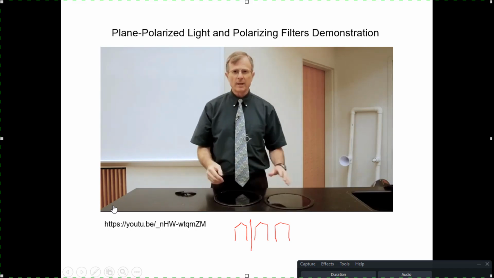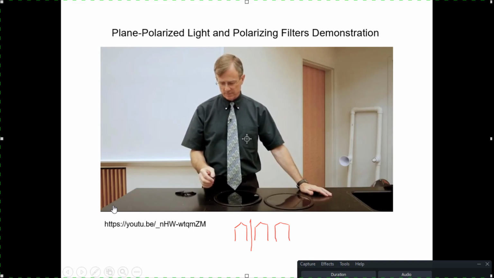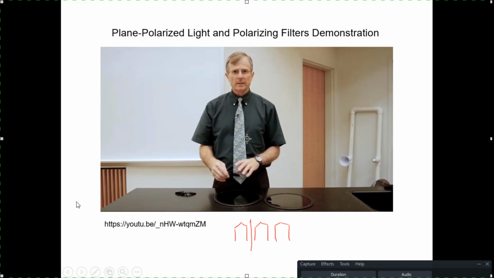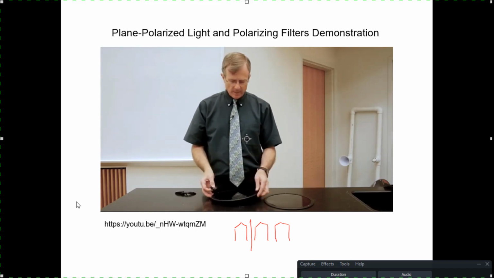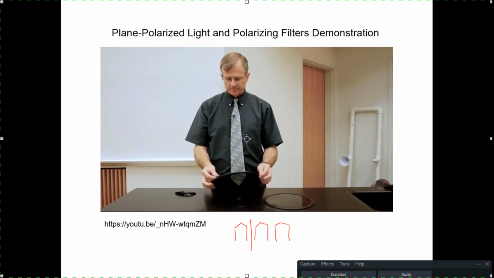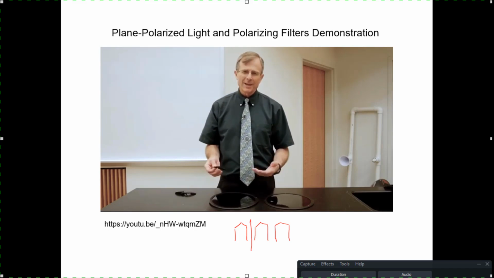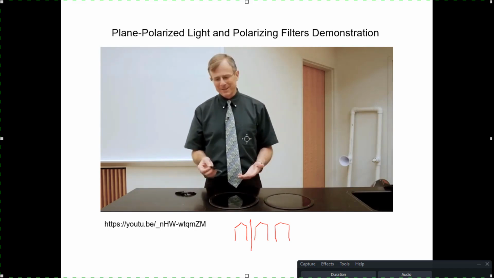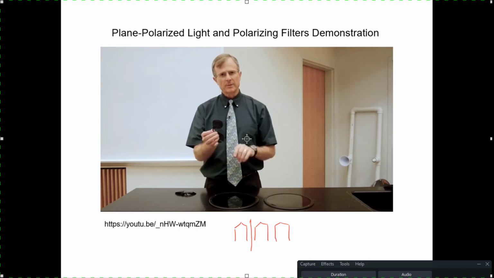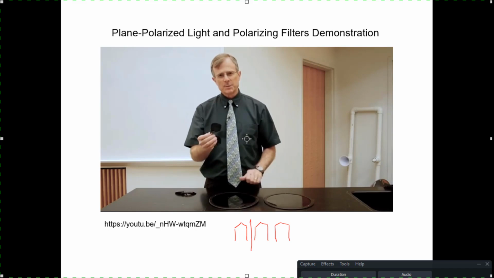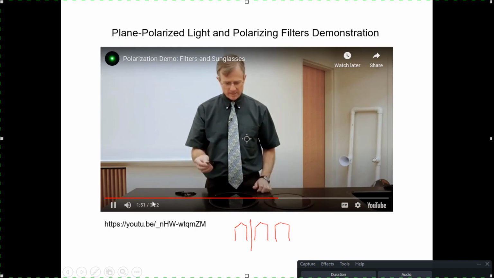And Polaroid, I believe, was the first company that produced polarized lenses. You can find out if your lenses are polarized or not by taking one lens off and turning it perpendicular to the other one, and if the image disappears, then you know they're polarized lenses.